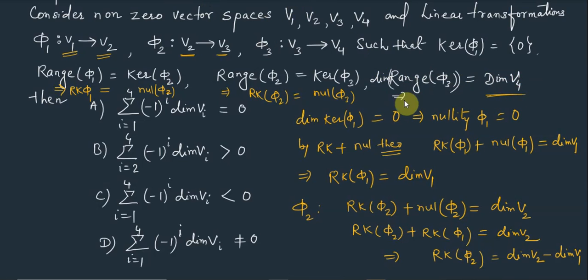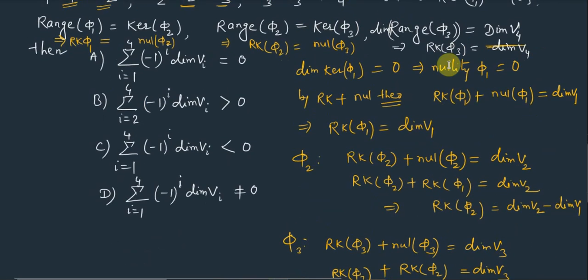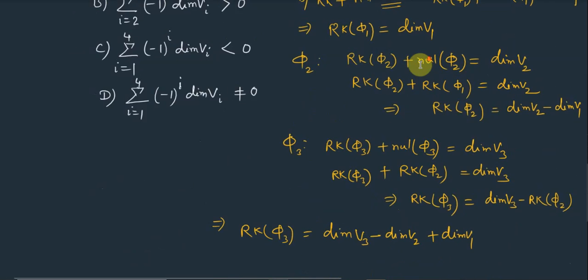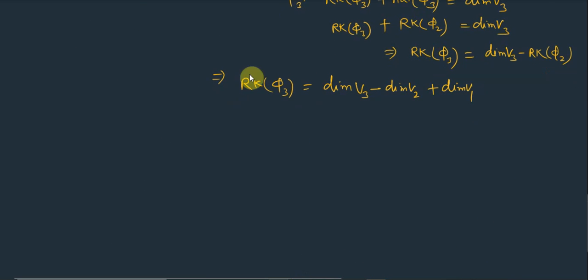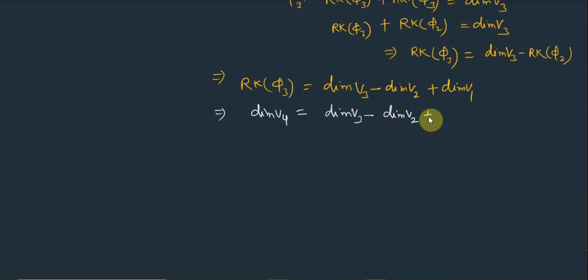So this rank phi3 is actually the dimension of V4, and this one is equal to the dimension of V3 minus the dimension of V2 plus the dimension of V1.